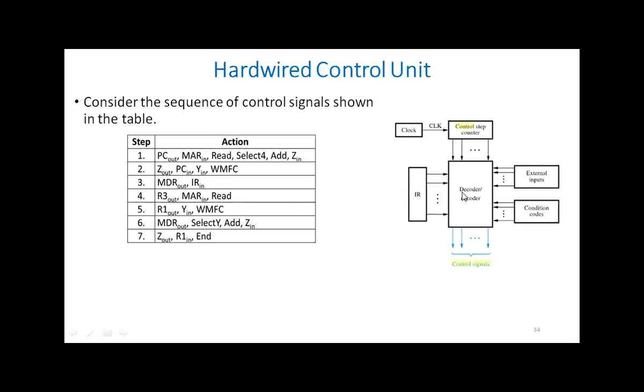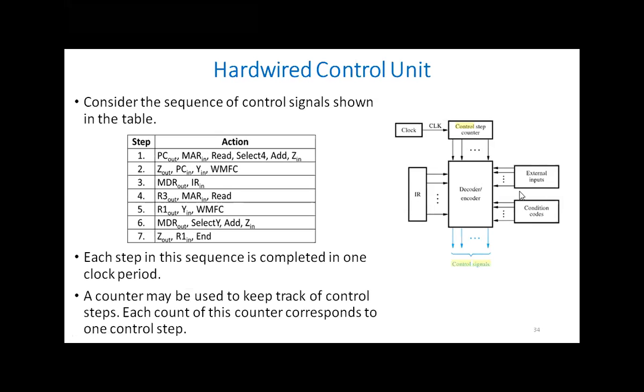After the instruction is decoded, it is encoded again using all these inputs: external inputs like the memory function complete signal or any interrupt signal, and condition codes like any buffer status. Then there is the control step counter, which tells which stage of instruction execution the instruction is currently in.